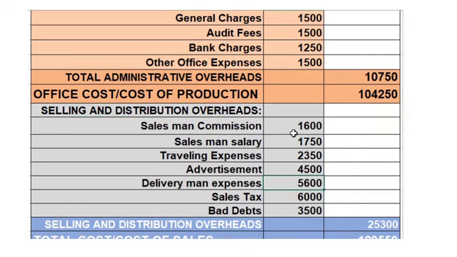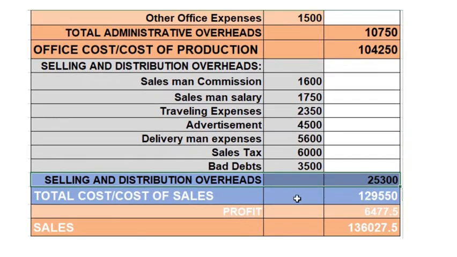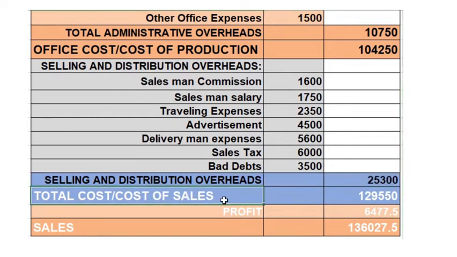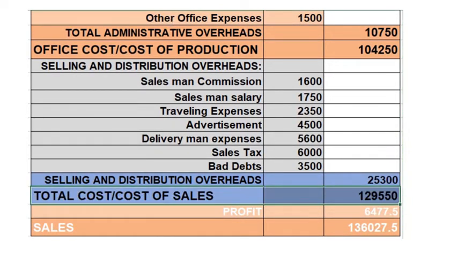So all these things are selling and distribution overheads. The sum of all these selling and distribution overheads is put on the next column as it is the sum to find the cost of sales. You're finding the total cost of sales by office cost plus selling and distribution overheads. You get the total cost or cost of sales.